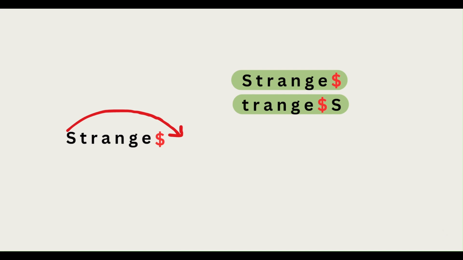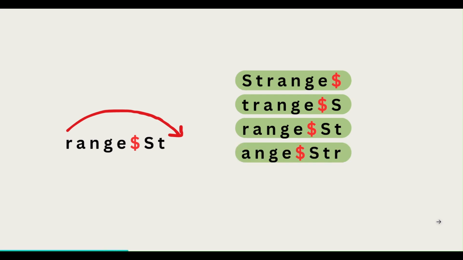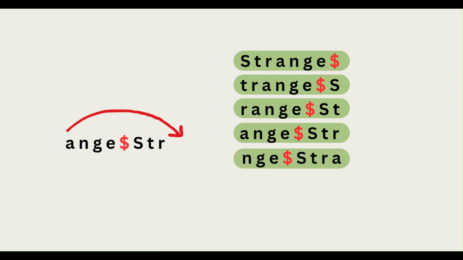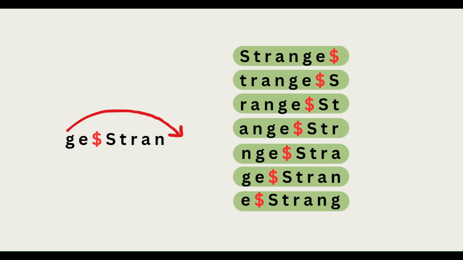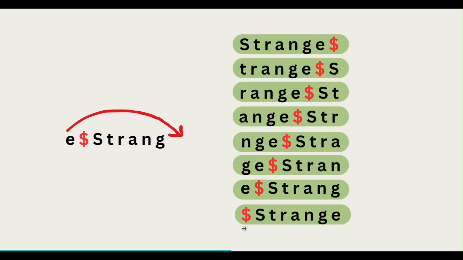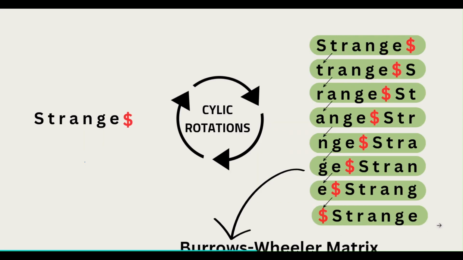We continue this process until the last character of the string is reached. So let's see. So the dollar symbol has reached the front. This means that these are all the cyclic rotations of the string. So in general, the matrix that we have obtained after getting all the cyclic rotations is called the Burrows-Wheeler matrix.